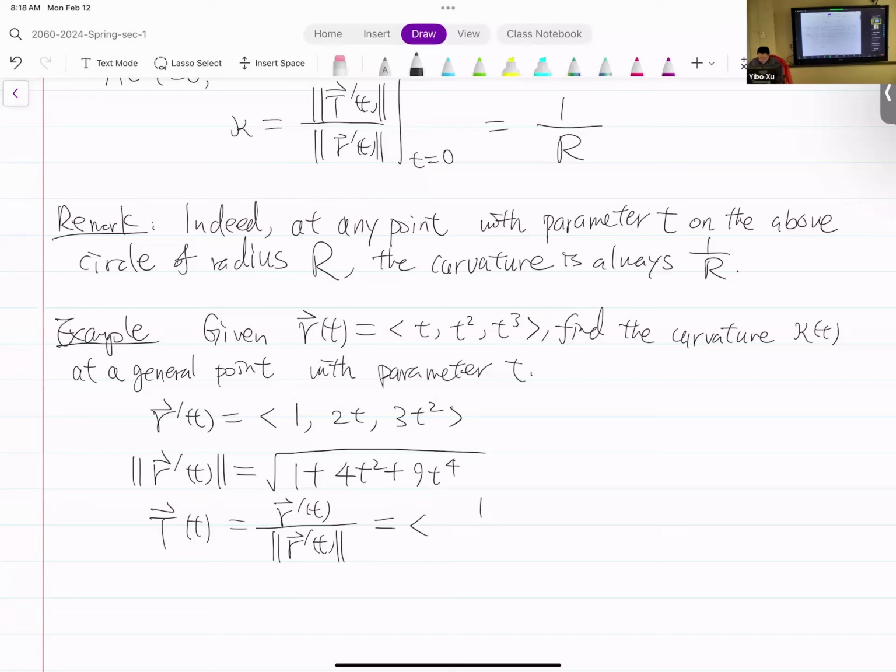So we have r prime as 1, 2t, 3t squared, and we are dividing every component by this radical. So it's kind of ugly. We have 3t squared at the last component.